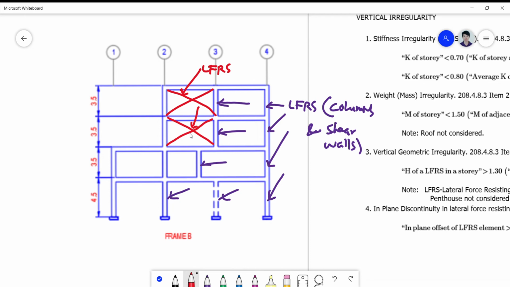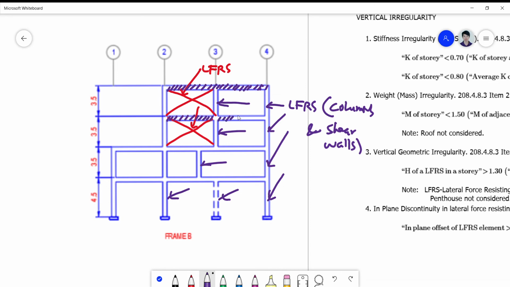So another element that is normally made into the configuration is the diaphragm. Okay, so a diaphragm is actually a horizontal member which is typically a beam or a slab or a beam slab system. So you call this now your diaphragm.